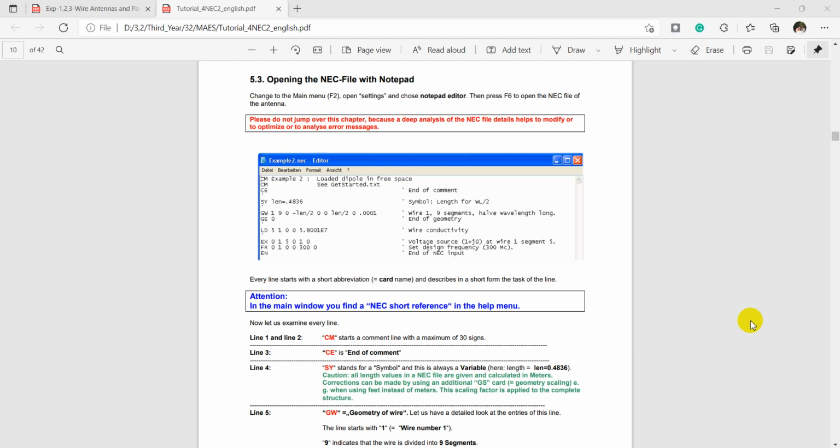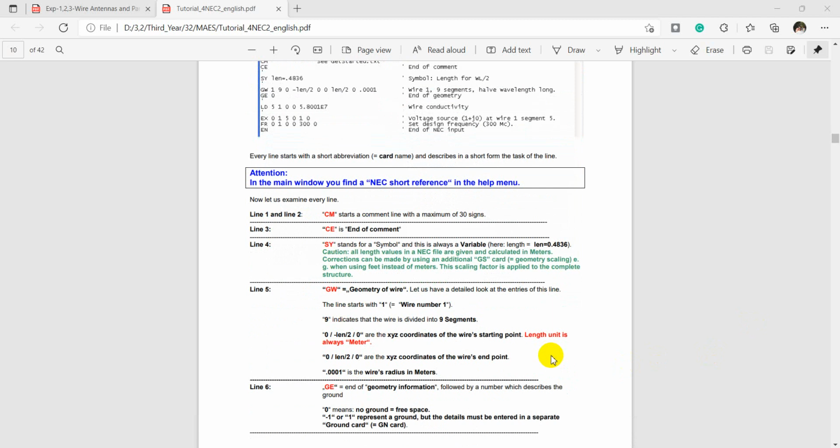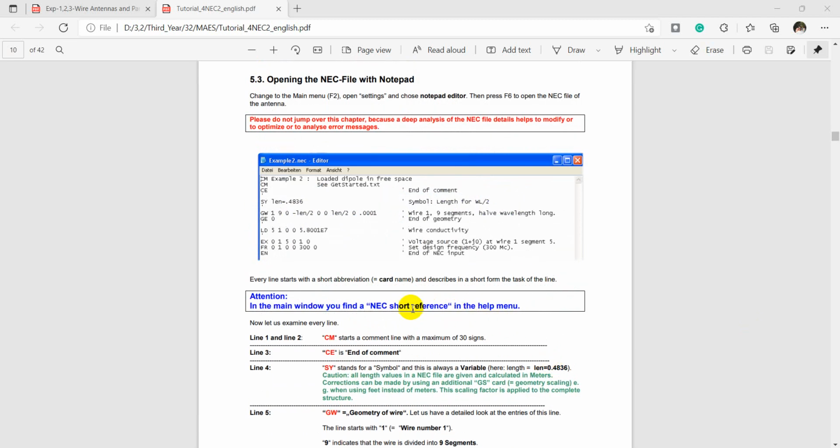At first you have to understand some of the parameters with their meaningful comments. Here the tutorial indicates the editor window. Suppose we consider it as a value of the antenna, which is designed according to these parameters.